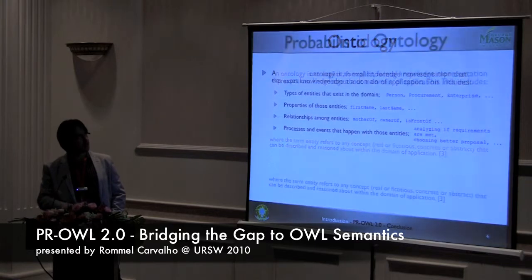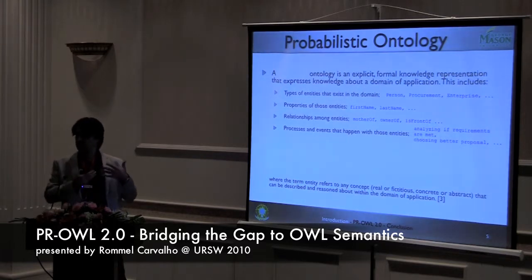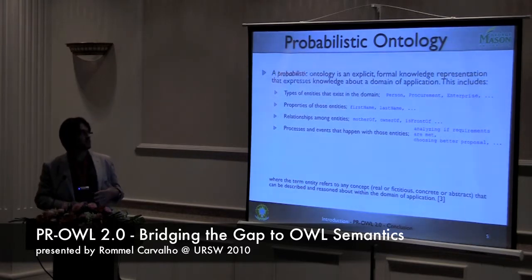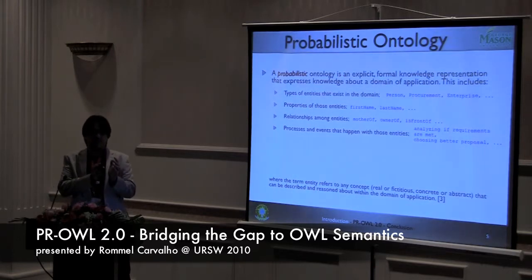And then when we talk about probabilistic ontology, it's pretty much the same thing we had before, but now we want to add the uncertainty to it. So what's the difference? Well, you have all these concepts, right? You have all these types, these relationships, and so on. What you want to do is take those relationships and say, okay, well, this relationship, sometimes I might not have a crisp definition of it.